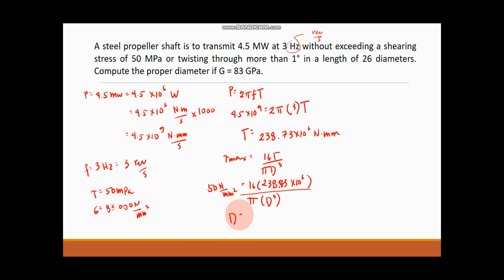So the diameter is equal to 289.71 millimeters.